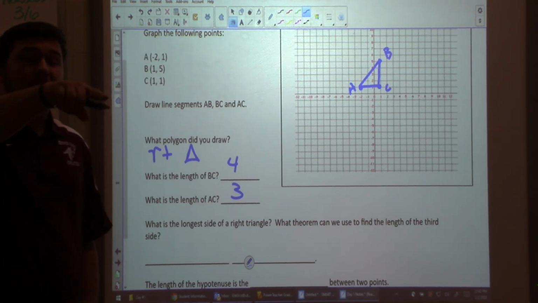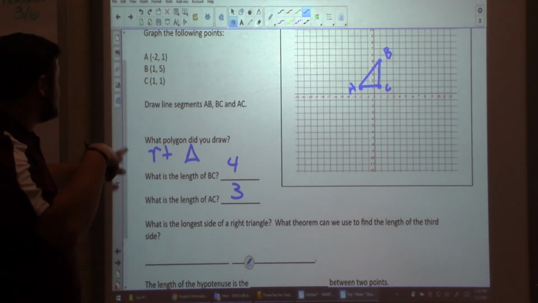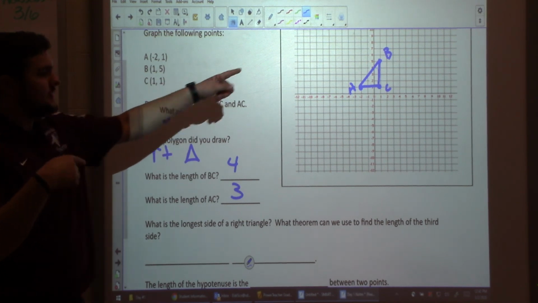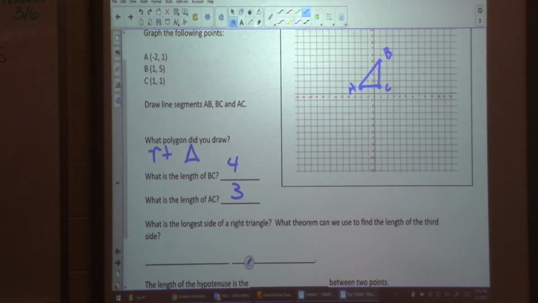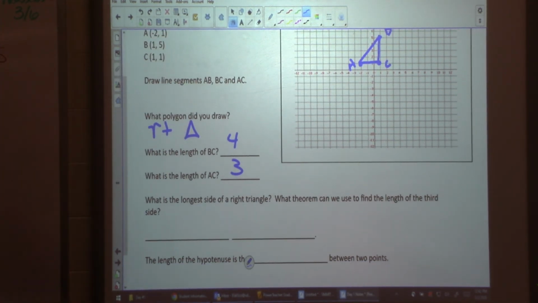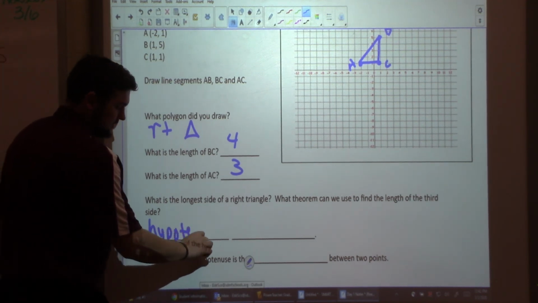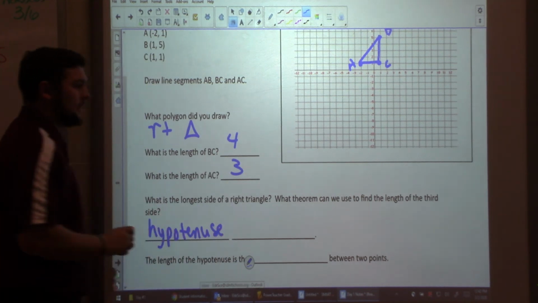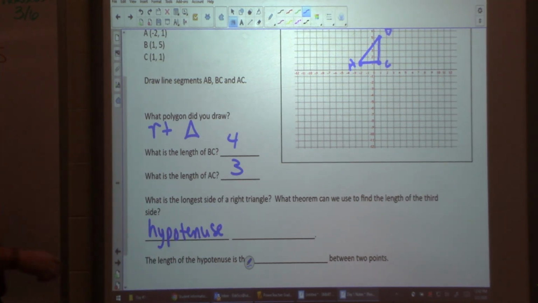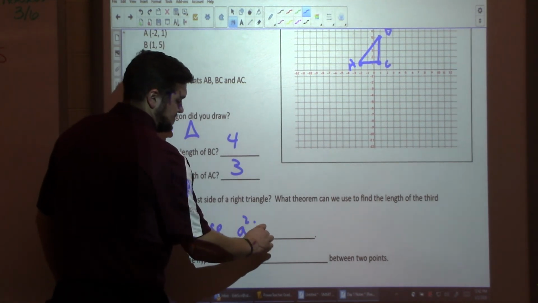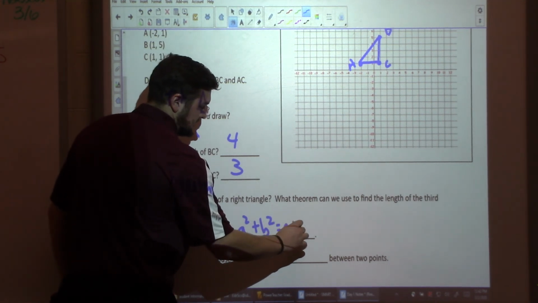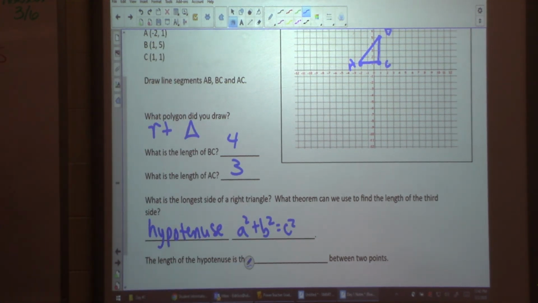We could use a squared plus b squared equals c squared. Can't get ahead of myself. Because AB is technically the what? The hypotenuse of the right triangle. So to find our hypotenuse, we're going to use the Pythagorean theorem, or a squared plus b squared equals c squared. Now we're not actually going to do it because it doesn't really pertain right now.